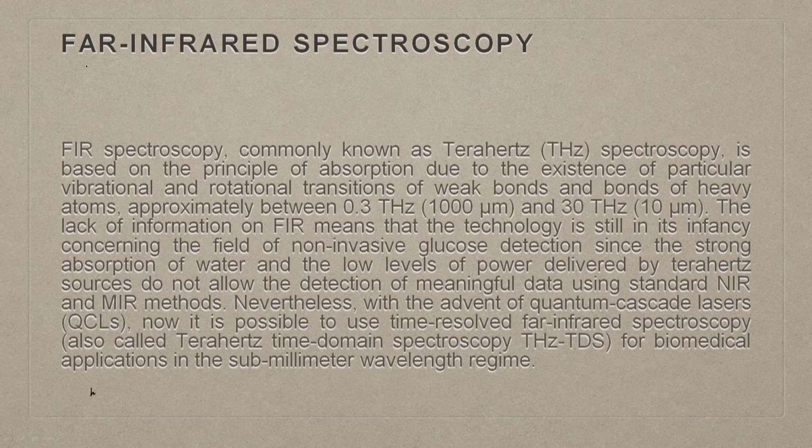In the same line, last week I told you that we will talk about far infrared spectroscopy. One thing to be realized when we talk about the far infrared is that we are trying to detect the weak bonds, weak vibrational and rotational motion, which are prevalent in biological systems. But you really need a very unique signature when you are trying to do that from outside, meaning in vivo.